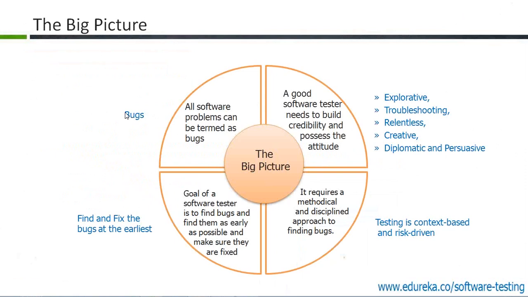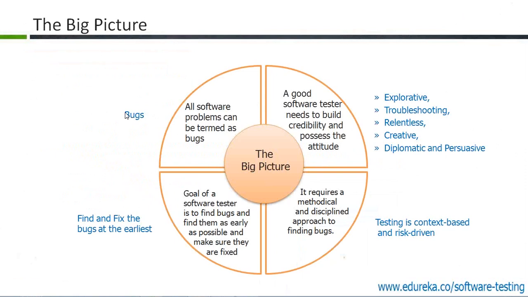A good software tester needs to build credibility and possess the right attitude. As a tester, one of the most important criteria is the attitude that you reveal, either to your customer or to your management. Why do I stress the attitude? Any developer doesn't like the tester; it has been a big tug of war between the tester and the developer since testing started. The developer doesn't like the tester at all, if I should make it a very open statement.